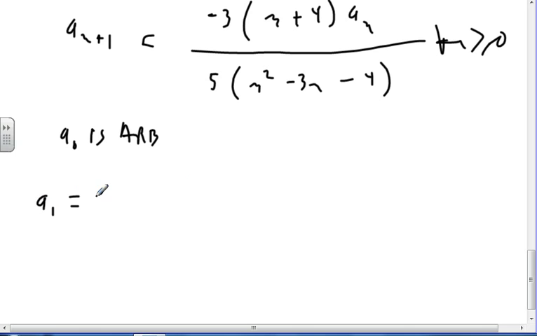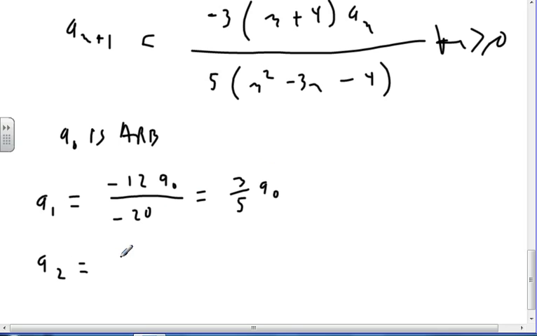A1 is minus 12, A0 divided by, that's a 0, that's a 0, minus 20, 3/5 A0. A2 is minus 3 times, n is now 1.